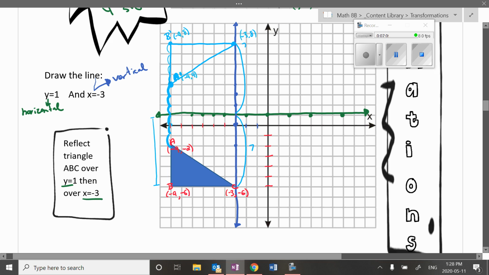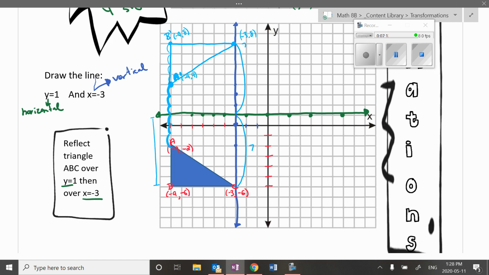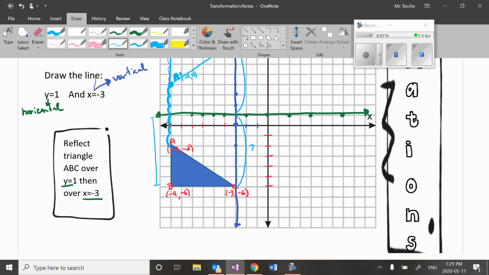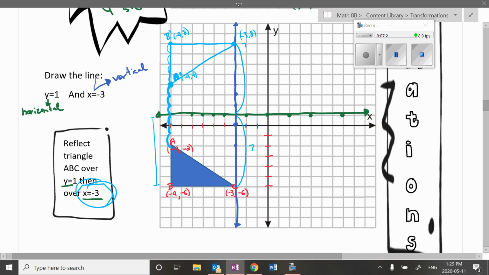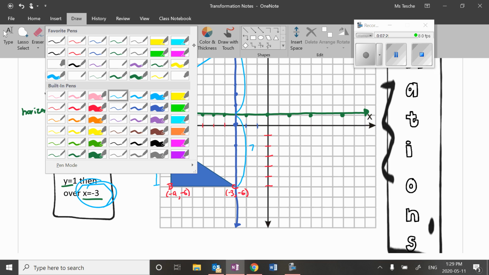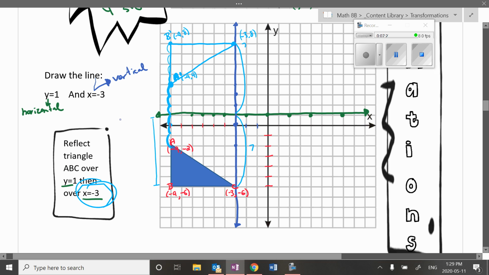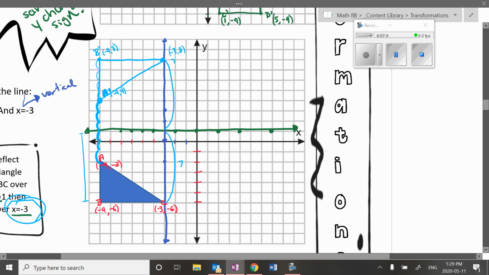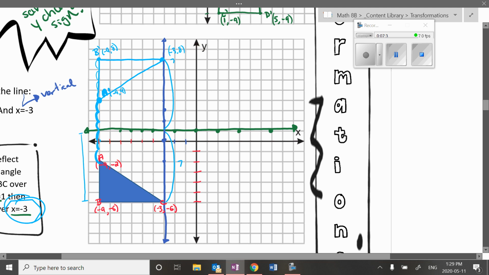You also could have drawn A prime and then counted out the spaces to find B and C. Totally works as well. So part 2 is now saying we're reflecting it over x equals -3. So I'm just going to change colors. Sometimes it's really helpful to color code it. So my next image is going to be A, B, C double prime. C is currently touching this line, so my C is actually going to stay the same.